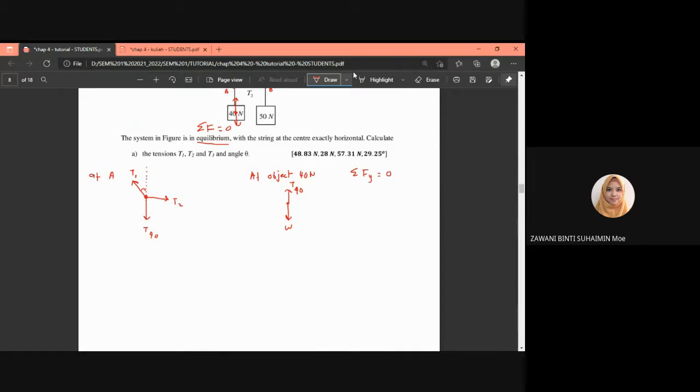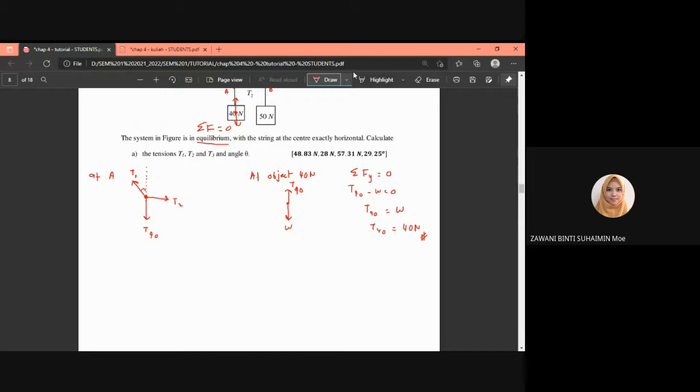Kita ada T40 ke atas dan weight ke bawah. So T40 minus weight is equal to 0, so T40 is equal to weight, which is 40 Newton. Barulah kita dapat value T40 tu.